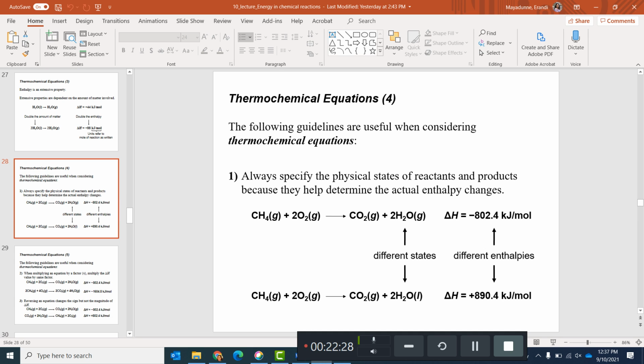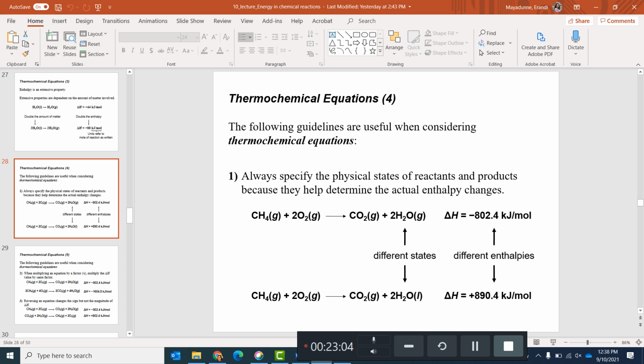There are some guidelines that are important when you study these thermochemical equations. Let me read the rules for you. Always specify the physical state of the reactants and products because they help to determine the actual enthalpy changes. When you write the thermochemical equation, make sure you write the state, whether it's a solid, liquid, or gas. Here you see methane gas, oxygen gas, carbon dioxide, water gas.